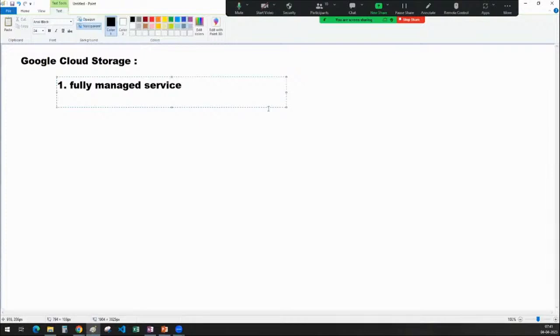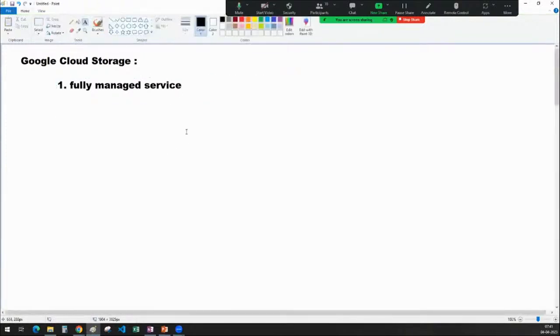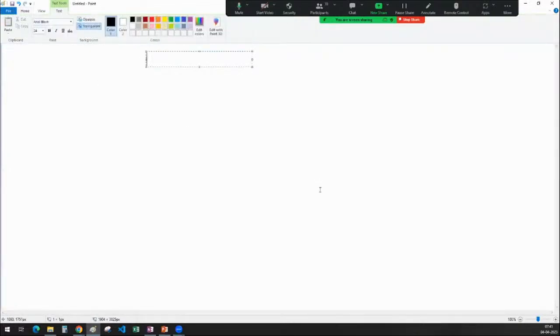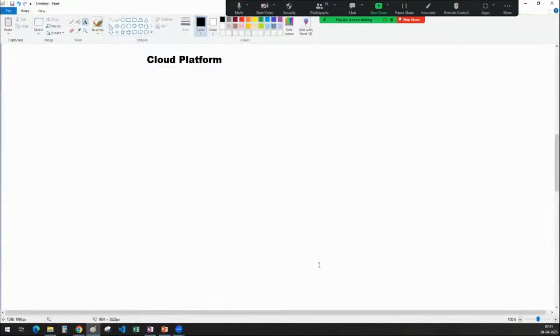What is meant by fully managed service? Sir, I want you to understand what is meant by fully managed. For the very first thing, I will try to tell you. Sir, if you go to any cloud platform, the services in the cloud platform are categorized into two things.